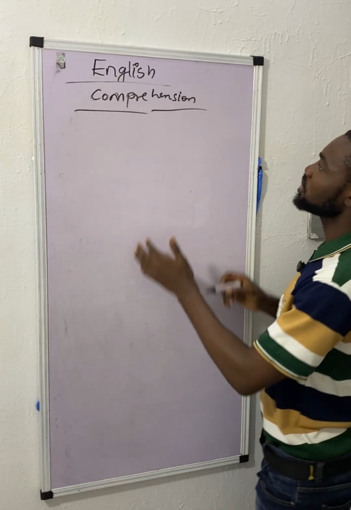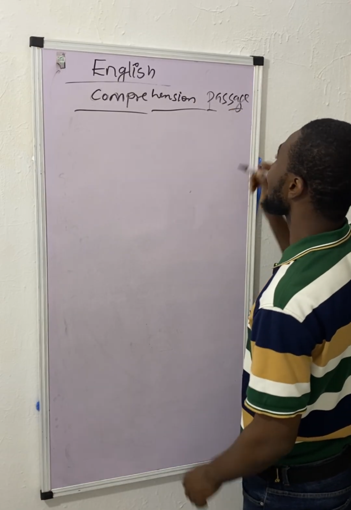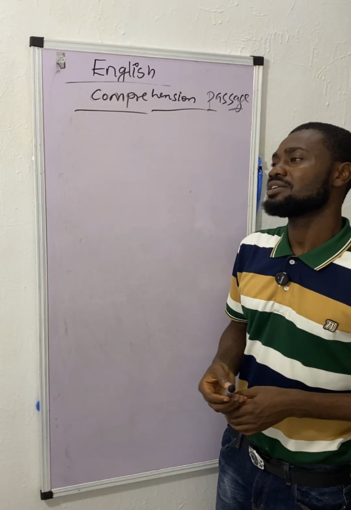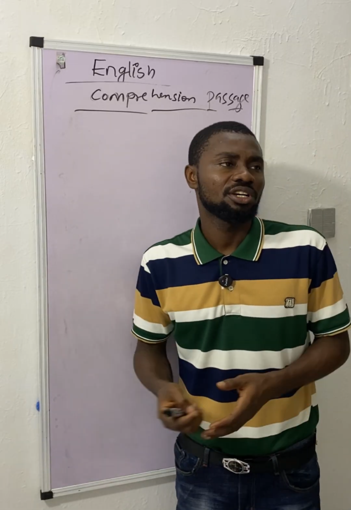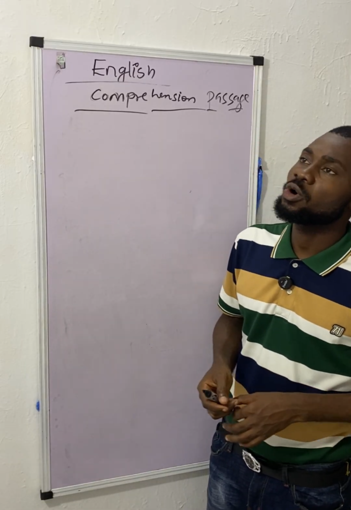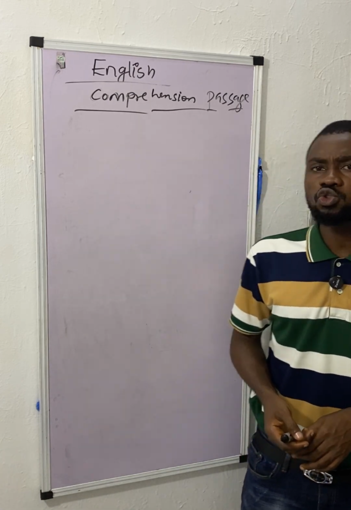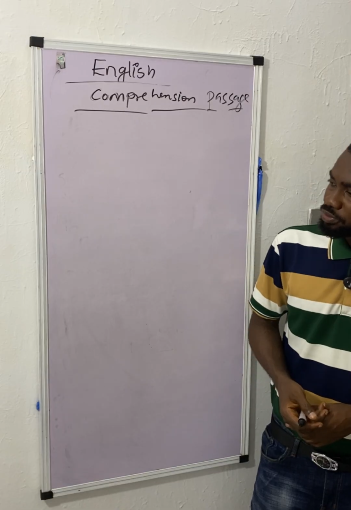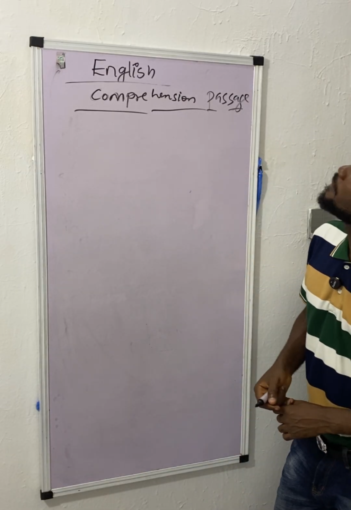What is comprehension? Comprehension has a passage, and this passage is usually used to test how well you can read and understand written words. Sometimes they can use comprehension to test other topics in English, such as figures of speech, vocabulary, how well you can use tenses, your ability to use punctuation, your assimilation capability.